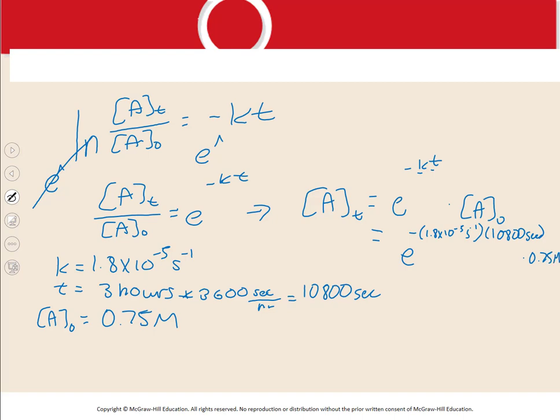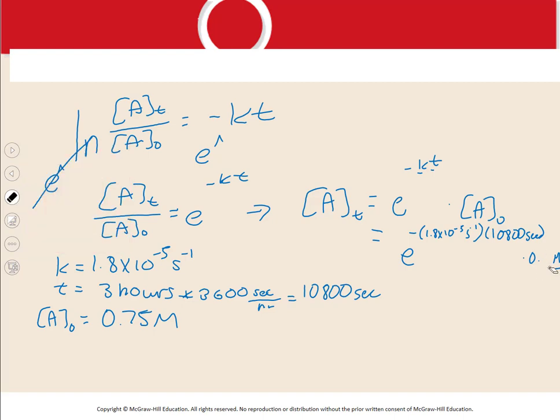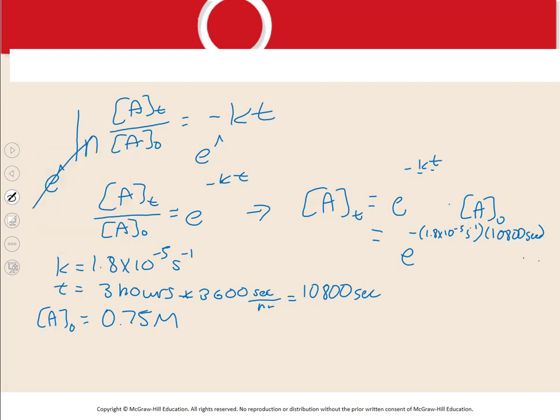Because our units inside of the power cancel, the only unit we're left with is the molarity on the 0.75 down here. Molar.